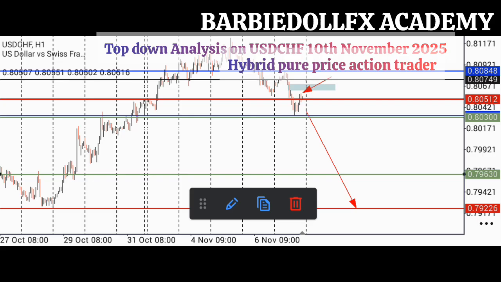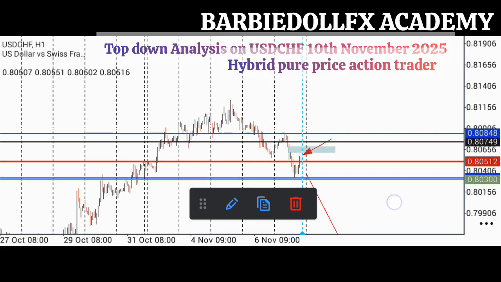I have to be very, very careful, because I need to mark out so many things on the chart before knowing what to do. Because if price keeps staying above the 80,30 zone on Monday and starts showing bullish rejections, then we can expect a continuation to 81238, which is the previous swing high, and possibly 81380.